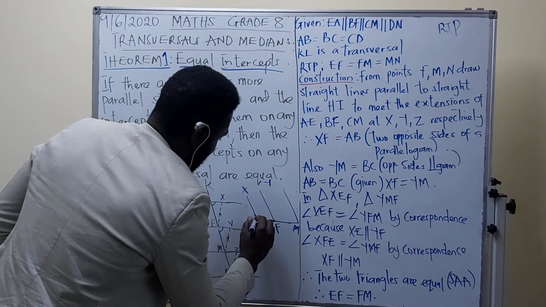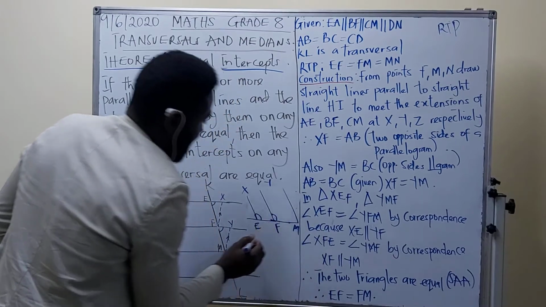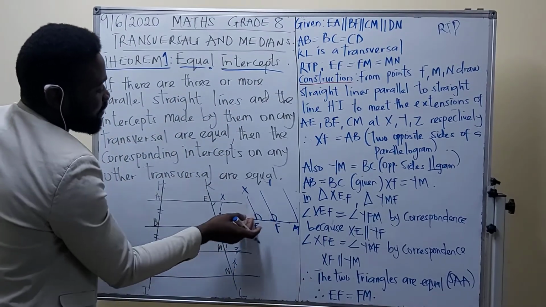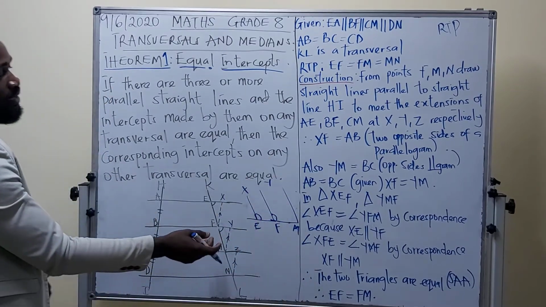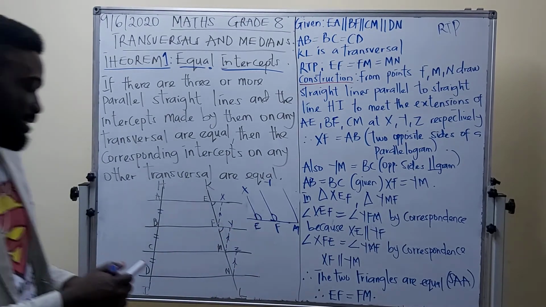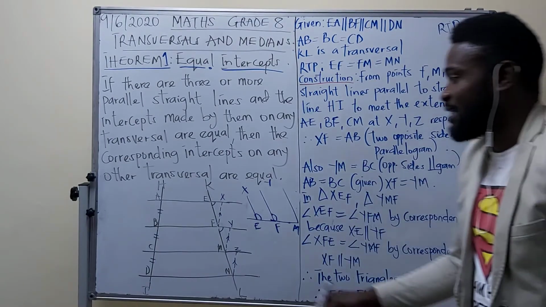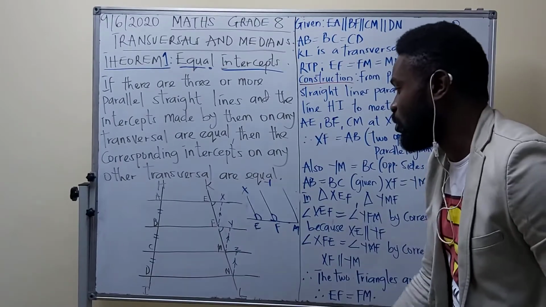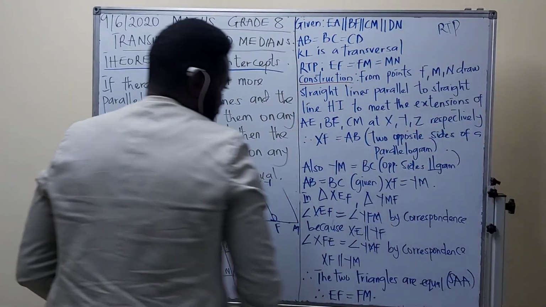This is the angle inside E, and this is the angle inside F. When you have angles arranged in this form, and we have different parallel lines splitting them, we call them corresponding angles. So we have been able to prove that angle XEF, by correspondence, is equal to angle YFN.